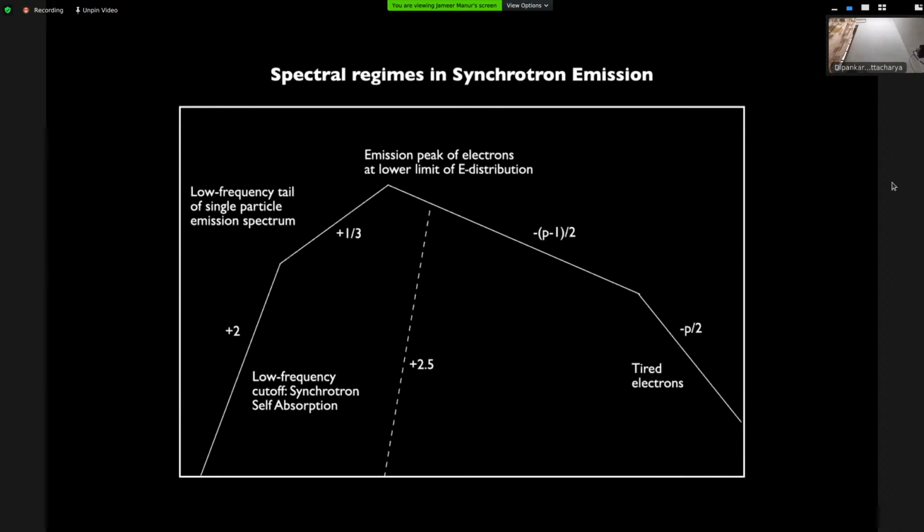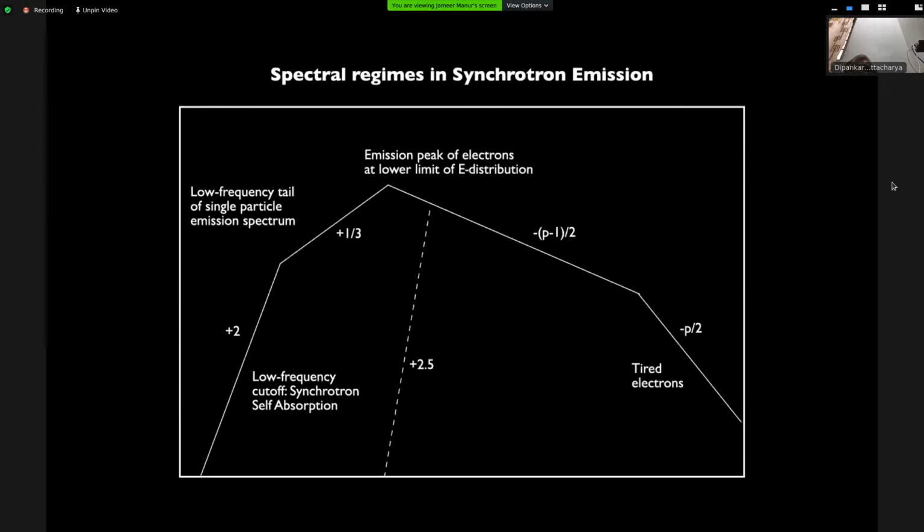Now, there are other possibilities for the low energy part of the spectrum. If this spectrum did not become optically thick at the point where I have shown, where the dashed line joins the solid line, but if the power law distribution of energies has a lower cutoff, then there will be a corresponding frequency corresponding to the lower cutoff in energy.